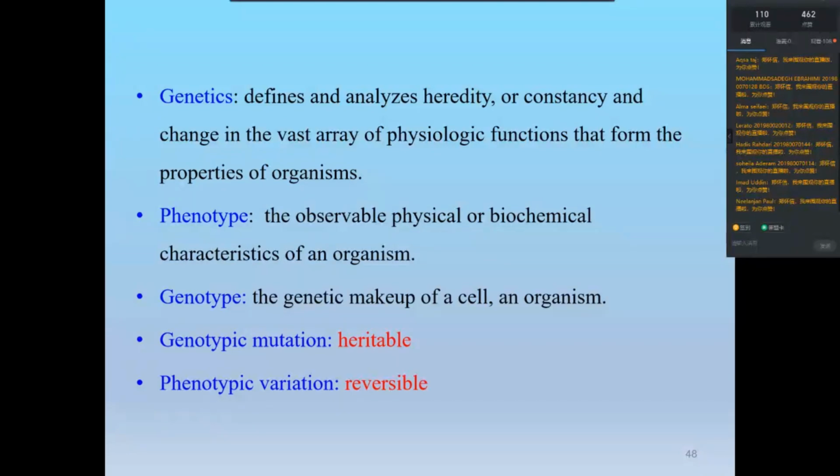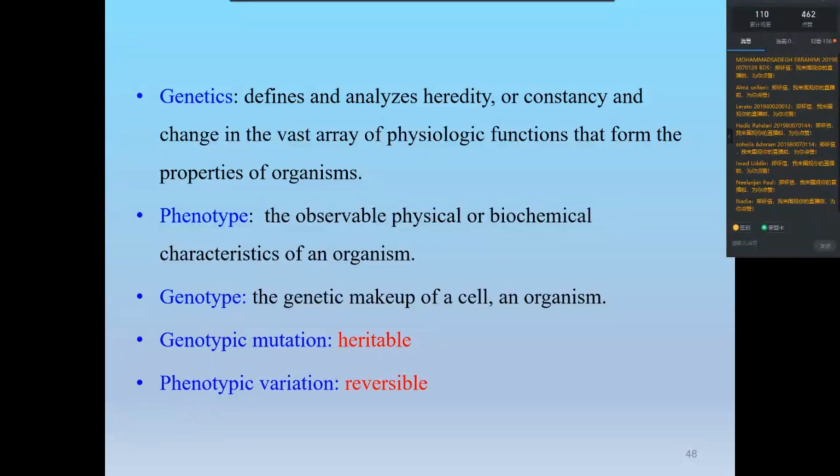Maybe due to the change of temperature, maybe due to the change of the environmental osmotic pressure, or maybe because of the change of the nutrient condition. Because there is a low level or high level of nutrients, the phenotype changed. So this we call phenotypic variation. It doesn't happen on the DNA level.